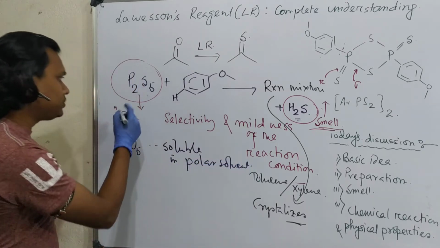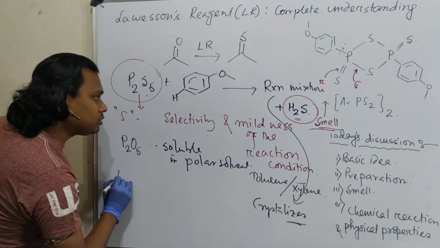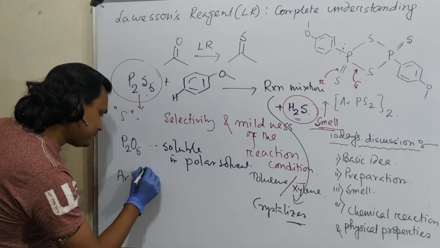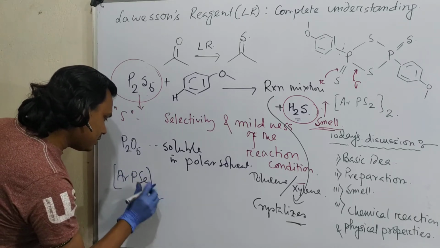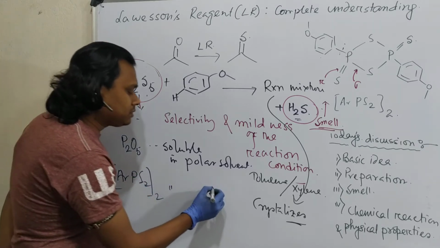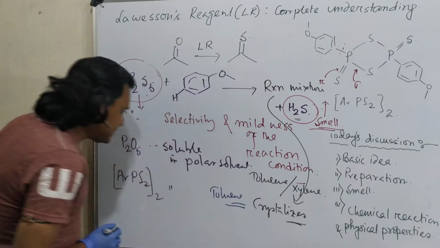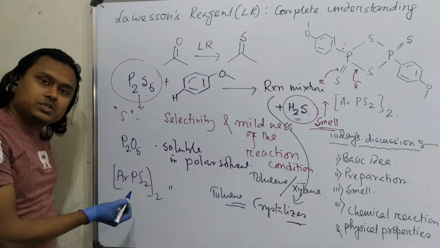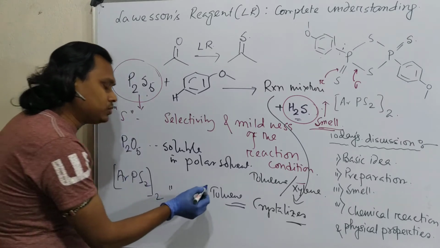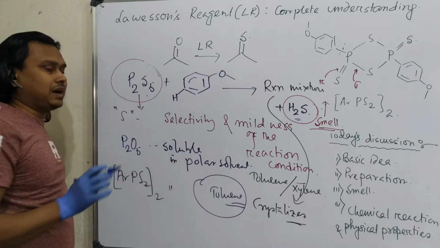Then in case of this P2S5, or whatever we are using, this ArPS2 is soluble in toluene. A question may come. This is because, see, sulfur is a soft center, relatively less polar. That's why it prefers to be soluble in solvents like toluene rather than other polar solvents.